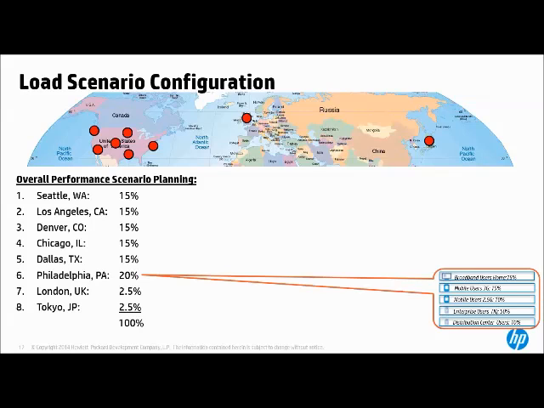Thinking about their end users, they first had to say, well, what geographies are my end users in, and what does that concentration of end users look like? So this is what that organization had done.